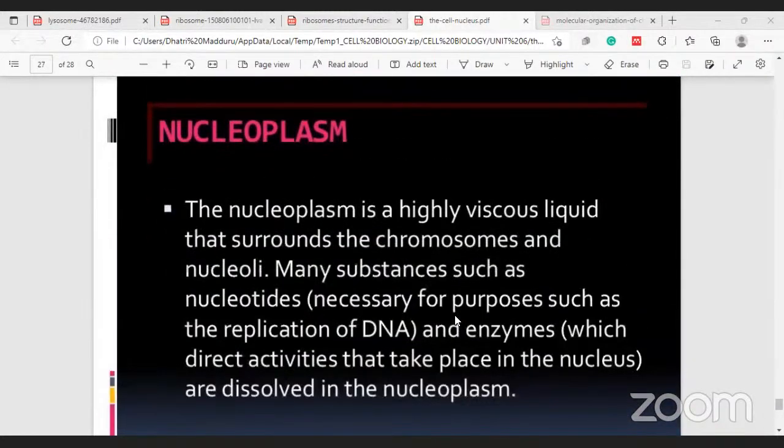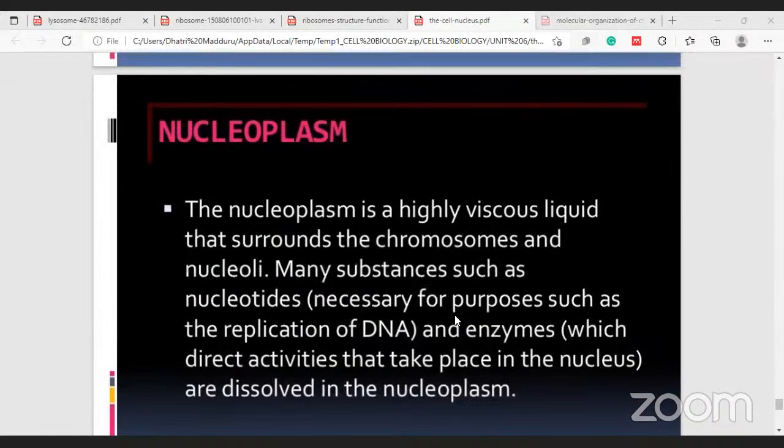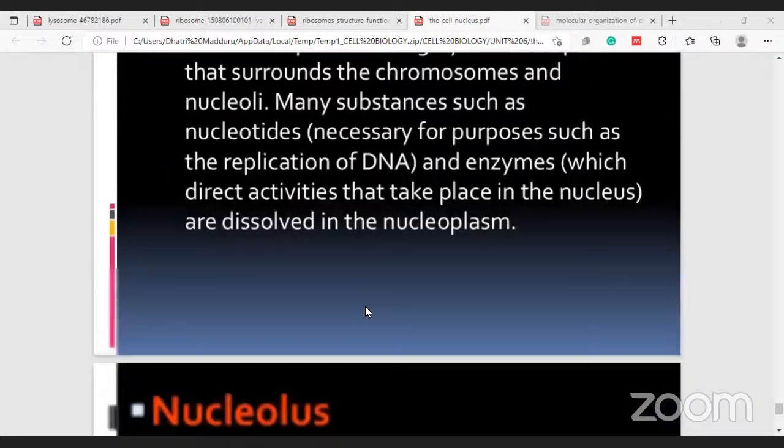Then the nucleoplasm. The nucleoplasm is a highly viscous liquid that surrounds the chromosomes and nucleoli. Many substances such as nucleotides and enzymes, dissolved in the nucleoplasm, direct the activities that take place in the nucleus and participate in DNA replication and other processes.